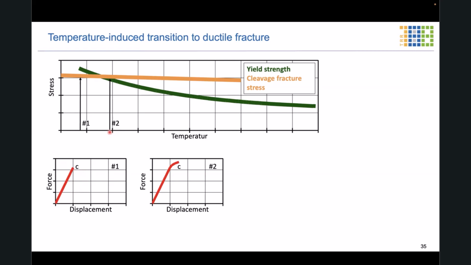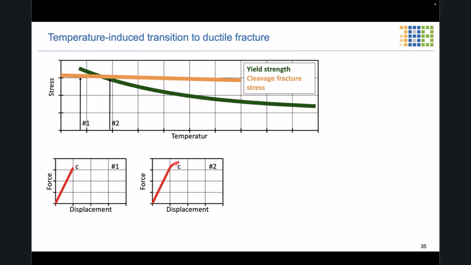If we load our material at temperatures which are slightly above this intersection temperature over here, we will first run into the yield stress of the material, meaning we will have a small amount of plastic deformation, in which, however, not the entire processes of ductile damage can be activated.